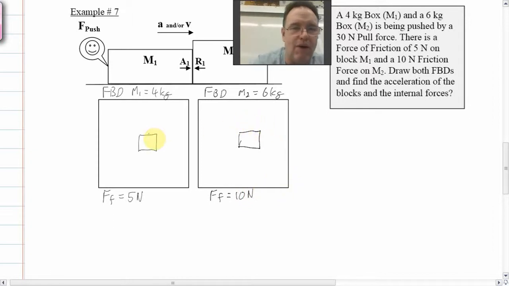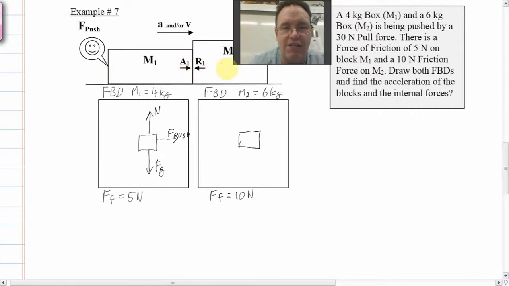Okay, so M1 is sitting on a surface, therefore it has a normal force. It's near the surface of the Earth, so it has a force of gravity. It has a push force, F push. We're pushing on M1, and M1 pushes on M2, and that's the action.